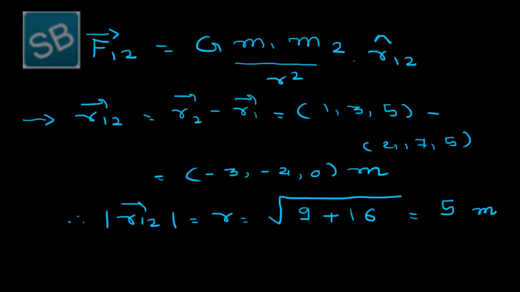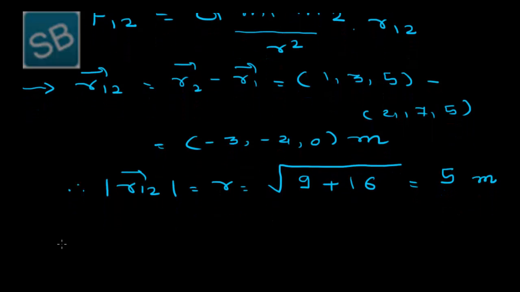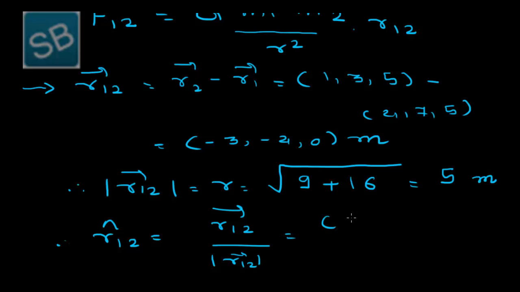So magnitude is obtained. So it is easy to find the unit vector R12 cap by just dividing the vector by its magnitude, which is equal to (-3, -4, 0) divided by 5.